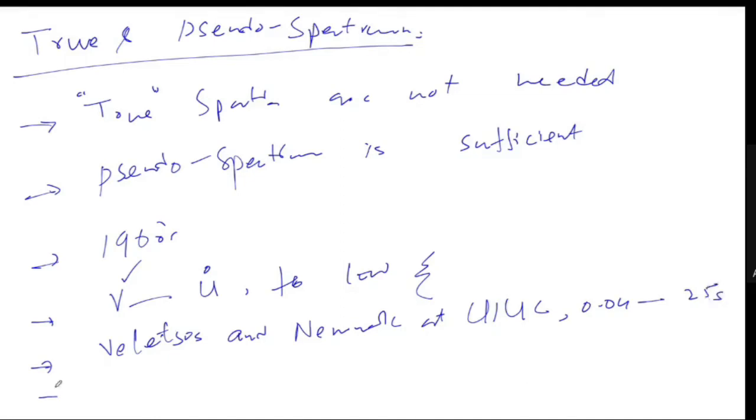What they found is that both spectra are close over the medium period range. For short periods, the pseudo velocity is greater than the true relative velocity. And for long periods, the pseudo velocity was less than the true velocity.